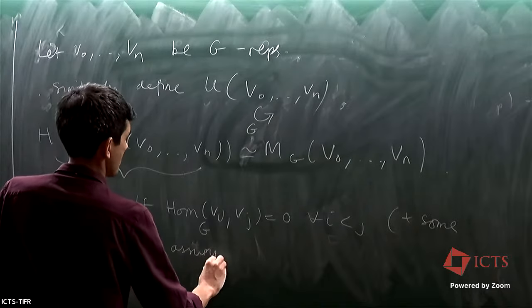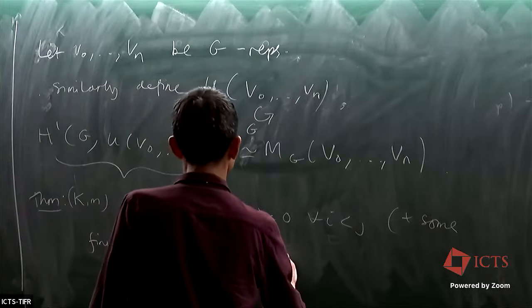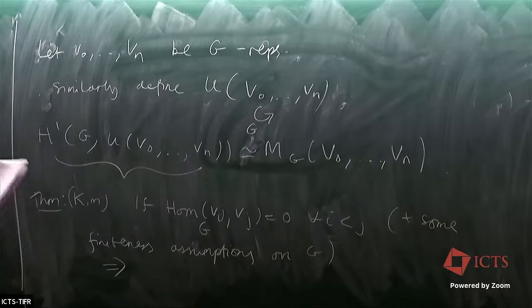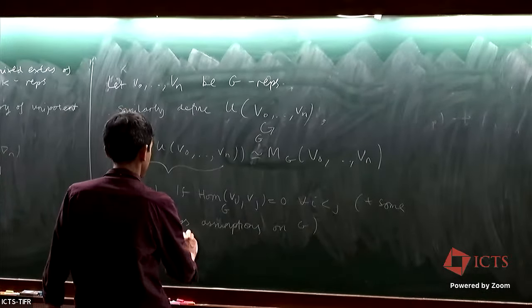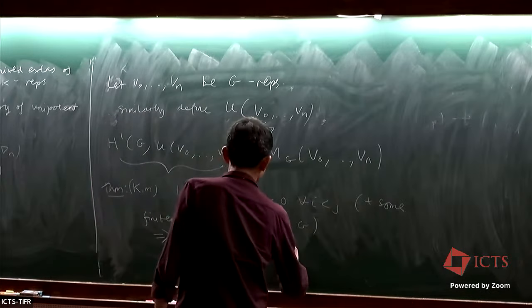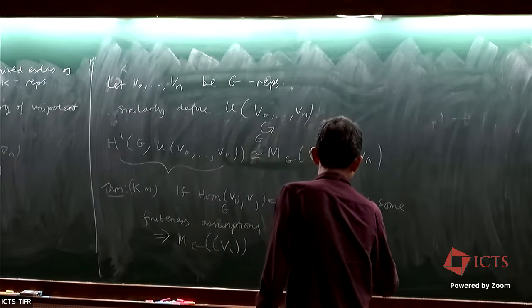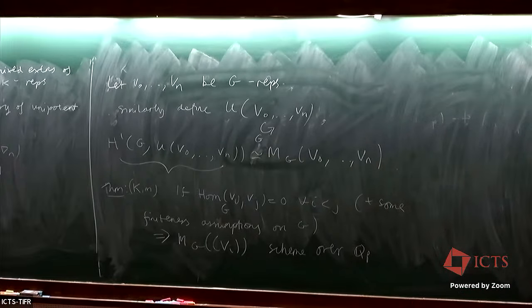So for example, I'll give examples when they're satisfied. So it implies that this is actually algebraic, so this is actually represented by a scheme over Q. And the precise notion of how you make sense of it being representable, what the functor is you want to represent, I won't go into.